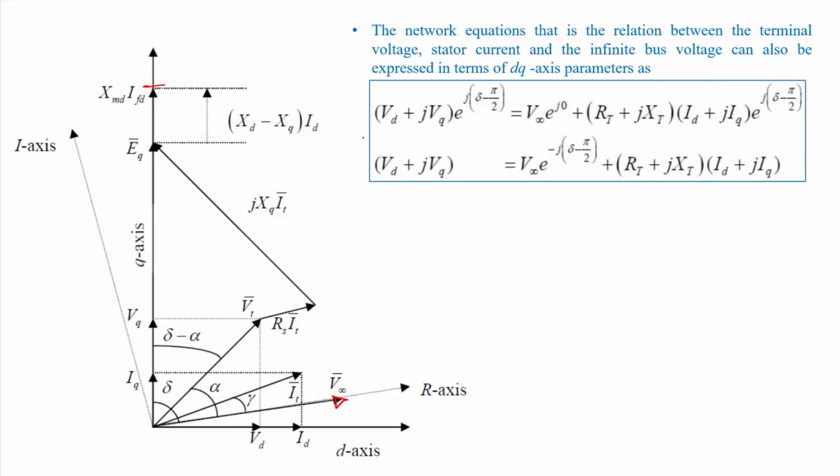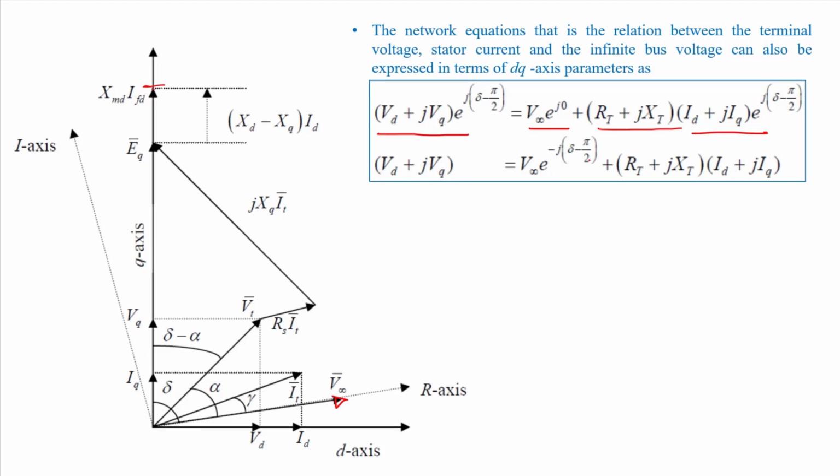So this is the equation: the terminal voltage can be written as the infinite bus voltage plus the transmission line parameters times the injected current, right? The injected current is obviously ID plus jIQ, and in the common reference frame, the dq axis parameter is multiplied by e to the j of delta minus pi by 2.